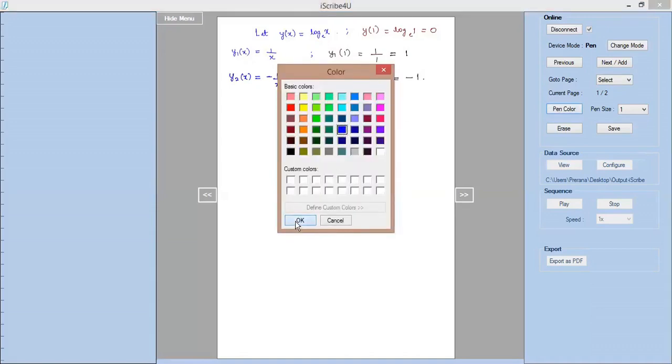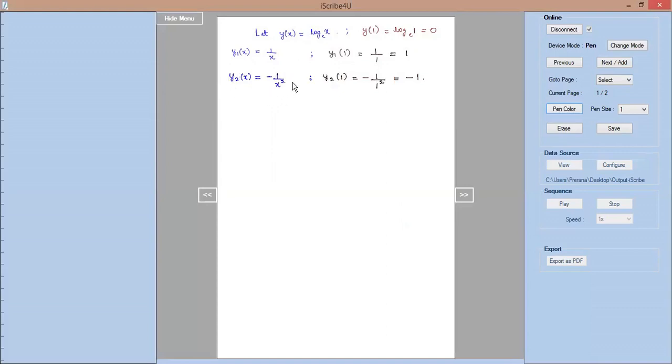Next, again differentiation: y2 of x we are going to differentiate to obtain y3. So y3, the next differentiation, is obtained as differentiation of minus 1 by x square, which will be 2 divided by x cube. It is again using the formula of differentiation of x power n is n into x power n minus 1.